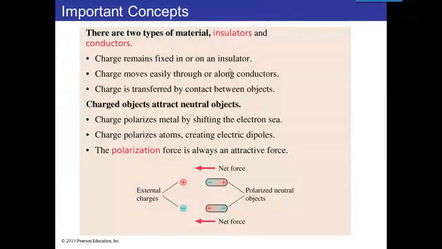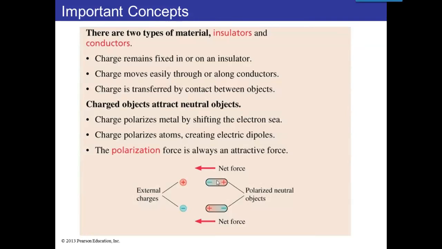Let's see, we talked about conductors and insulators already, but we also talked about how charged objects are attracted to neutral objects. Okay, so you should know that it's a polarization force which actually causes that. The charges polarize the atoms if it's an insulator. If it's a conductor, it actually will move the charge from one side of that object to the other.